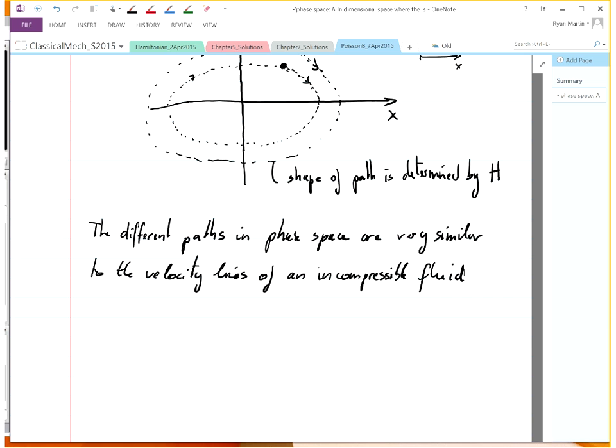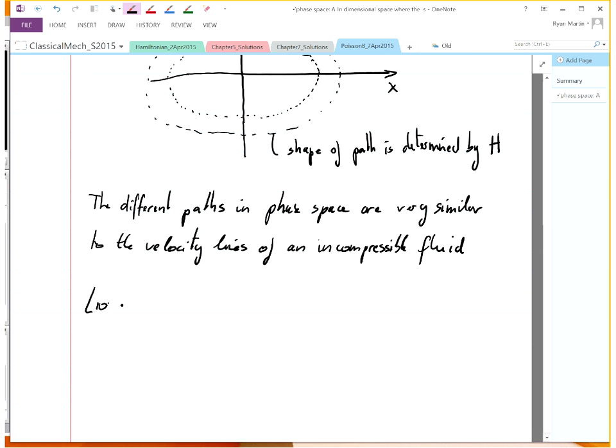So it turns out, and this is called Liouville's theorem, oh, I'm having so much trouble spelling tonight. Liouville's theorem.